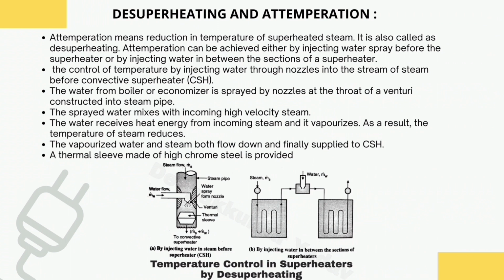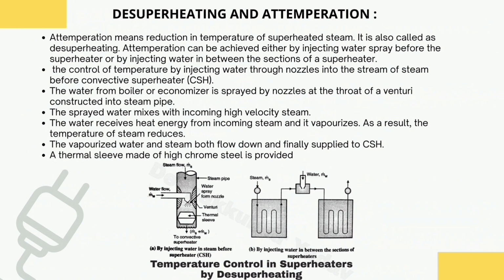And after that, the sprayed water mixes with incoming high velocity steam, and then the water receives the heat energy from incoming steam and it vaporizes. So as a result, the temperature of the steam reduces, and then the vaporized water and steam both flow down and finally are supplied to the CSH. And then the thermal sleeve made of high chrome steel is also provided.